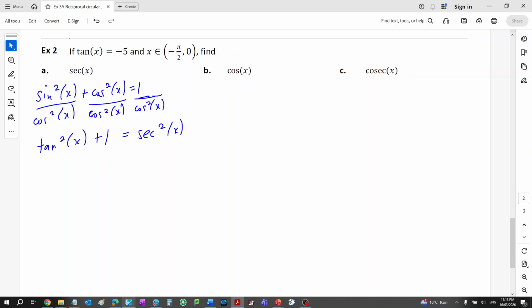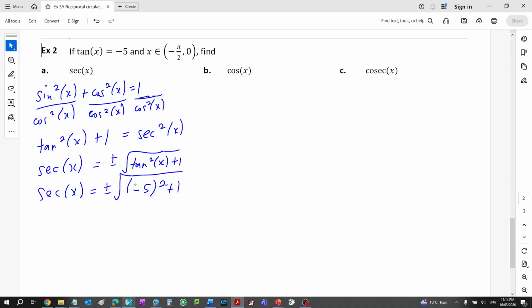And because I want to find sec x, I'll write this as the square root of tan squared x plus 1. And so now I'm going to substitute in tan x, which was minus 5. We need to square that, plus 1, and square root it.